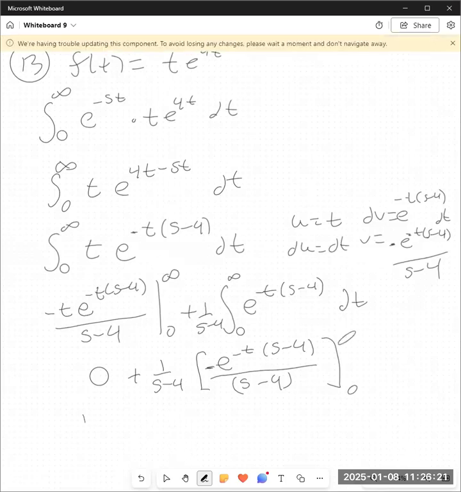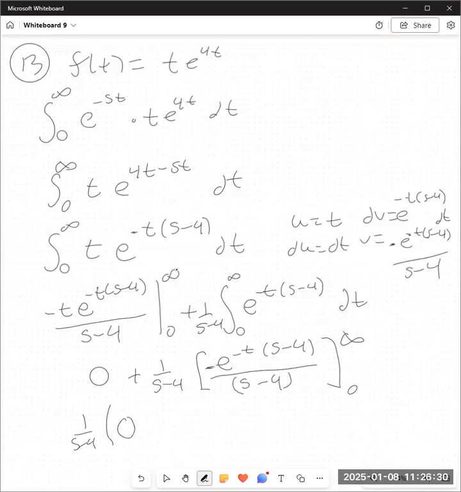And so 1 over s minus 4 times infinity is going to go to 0. And then this is going to be 1 over s minus 4, which gives us 1 over s minus 4 quantity squared.